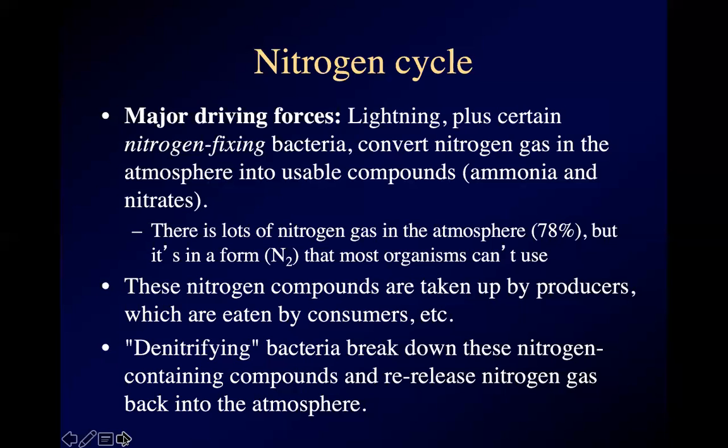One is certain bacteria that we call nitrogen fixing bacteria, and the other is lightning. A great big electrical spark shooting through the air will convert nitrogen gas into compounds that organisms can absorb, ammonia and nitrates, things like NO2, nitrogen dioxide.